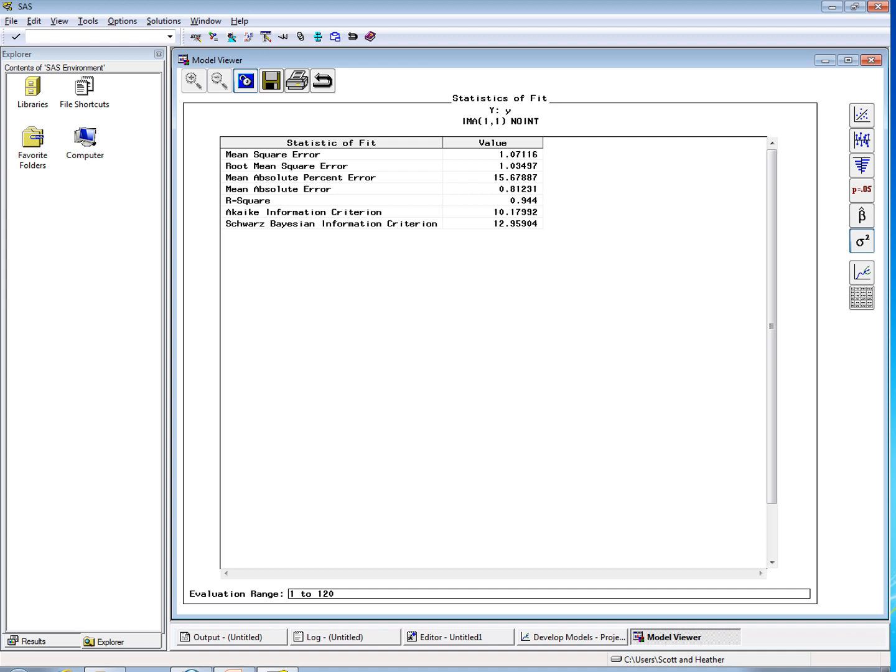I could then use these metrics to compare other models with one another, which would be maybe the primary use of some of these statistics of fit. I could compare mean squared error, root mean squared error. I could also compare the AIC and the BIC, the Akaike information criterion and Bayesian information criterion. All right, that wraps up our lecture.